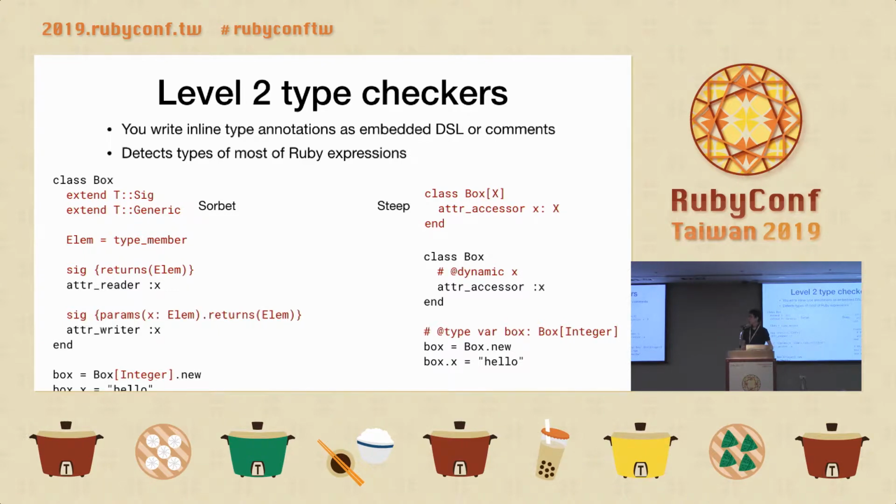So I'd like to show two examples of the level 2 type checkers. On the left, the example is from Sorbet, and on the right, the program is using Steep.